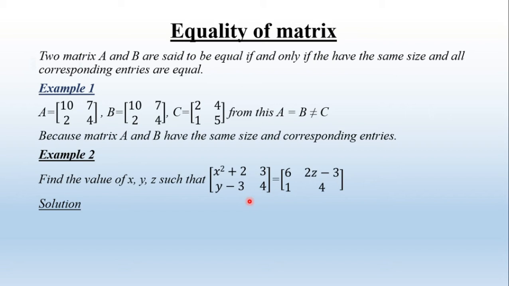Let us do the solution part here. x square plus 2 is equal to 6, that means x will be plus or minus 2 ይሆናል ማለት ነው። እንግዲህ በዚህ መሰረት ካልኩሌት ስናደርገው የx value ይሄን ይሰጠናል ማለት ነው። y minus 3 is equal to 1, that means y is equal to 4 ይመጣል ማለት ነው.